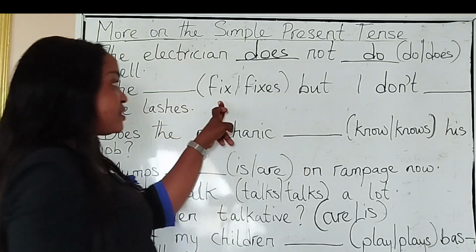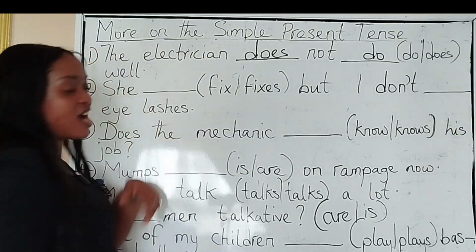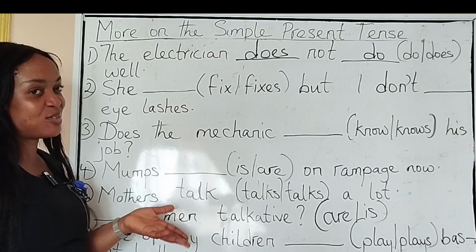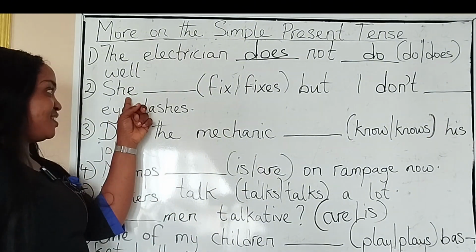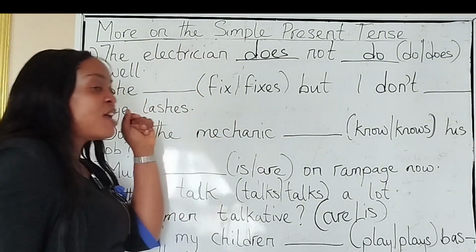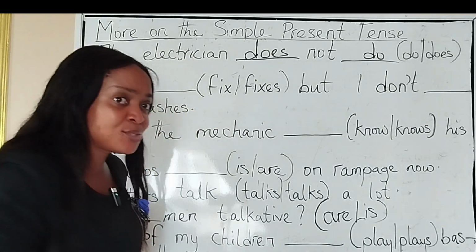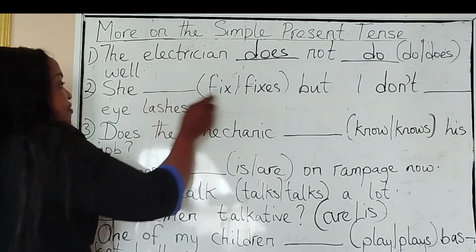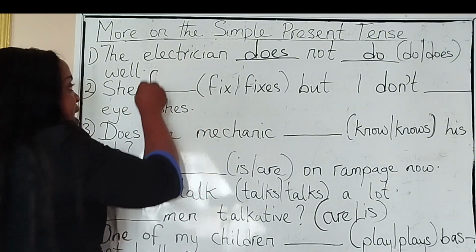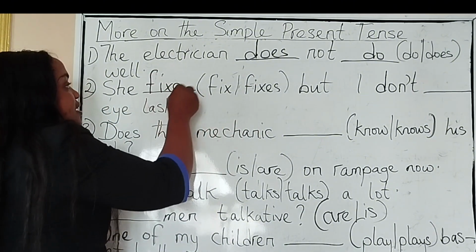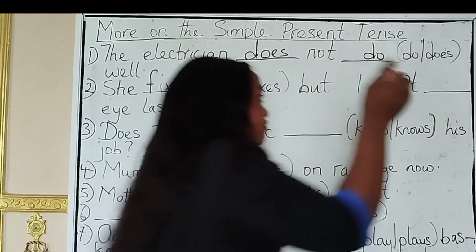She fix, but I don't fix eyelashes. Which one will be the correct one? Think about it. She fix or she fixes, but I don't fix eyelashes. Which one do you think is correct? Let's look at it. She fixes. Subject verb agreement. Fixes, but I don't fix.